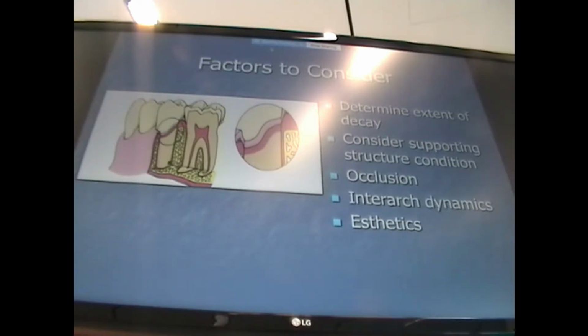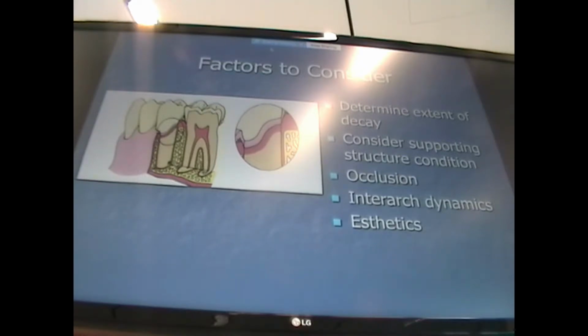The muscles make up one third of the components that create the posterior dynamic. That is the muscles, the joint, and the teeth. Of those three, one is above and beyond the most powerful, and that's the musculature.